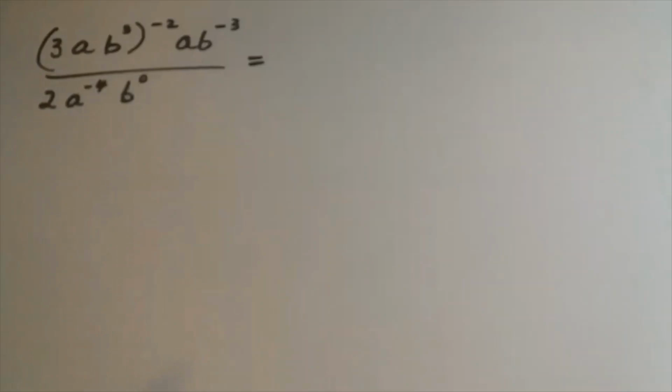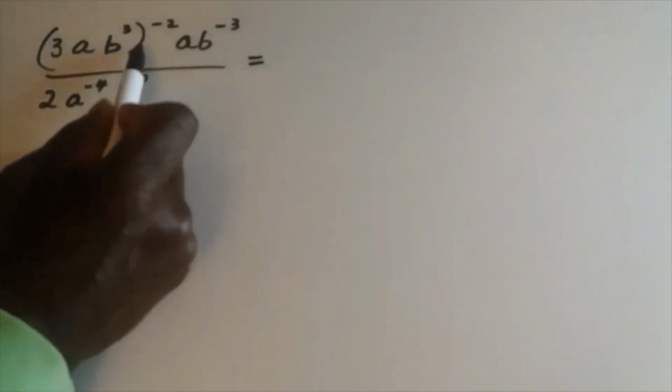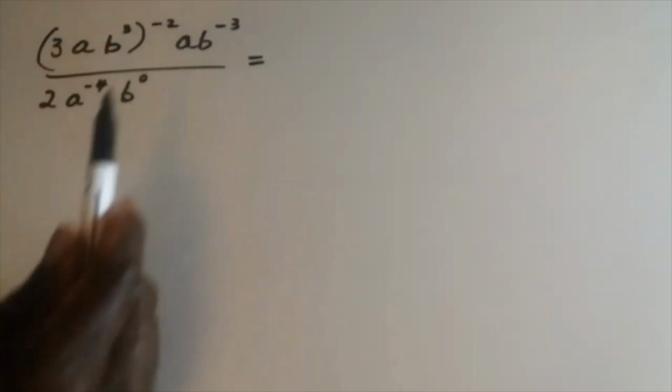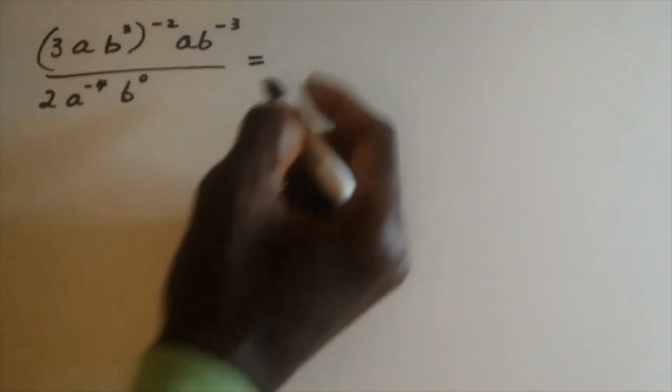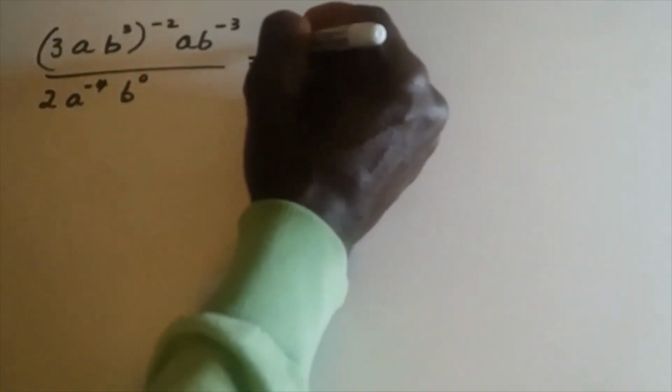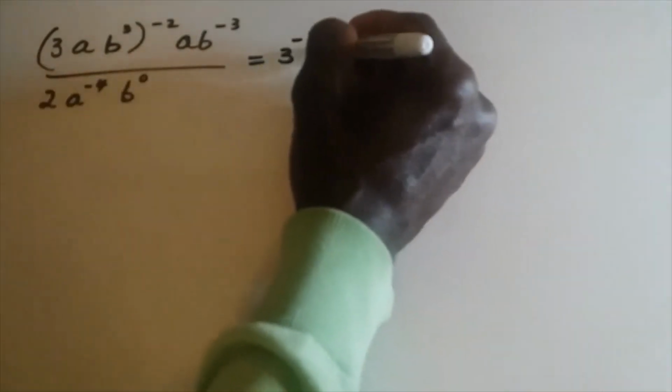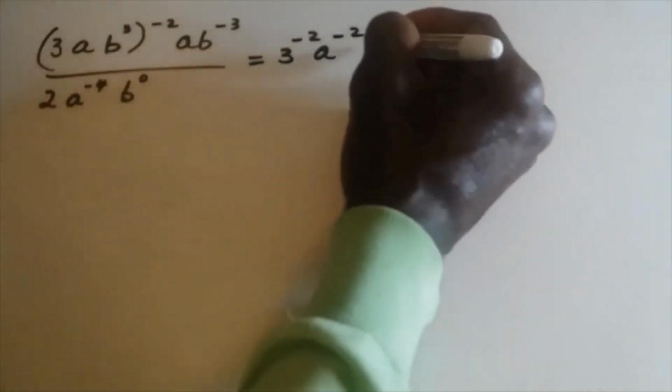Now here's our next polynomial with negative exponents. Now we'll go ahead and clear the brackets here, and then we can do a bit of grouping. So everything gets raised to the power of negative 2. So we got a to the negative 2.